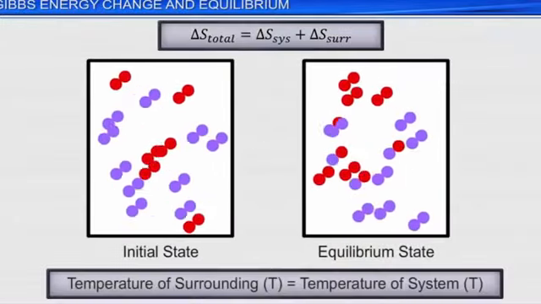Thus, enthalpy change of the surrounding, delta H surrounding divided by temperature T, will be equal to the negative enthalpy change of the system, delta H system divided by temperature T. Thus, the entropy change of the surrounding, delta S surrounding, will be equal to enthalpy change of surrounding divided by temperature, which is equal to minus enthalpy change of system divided by temperature.